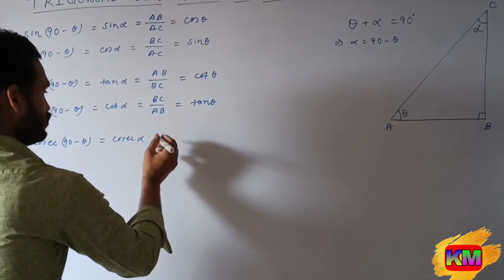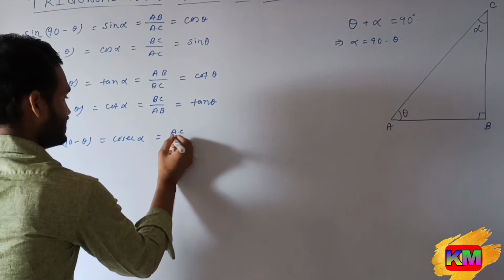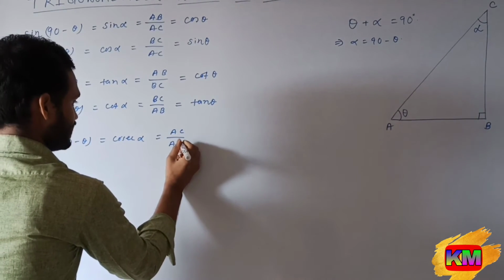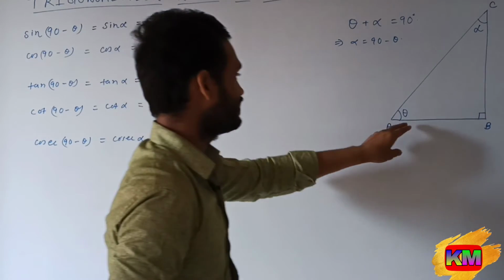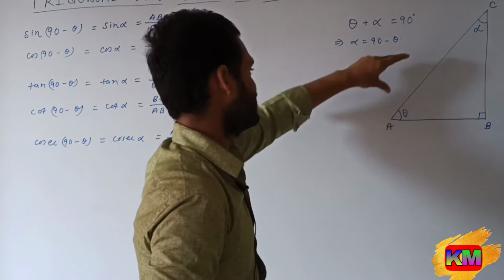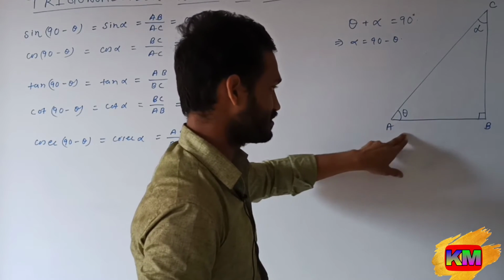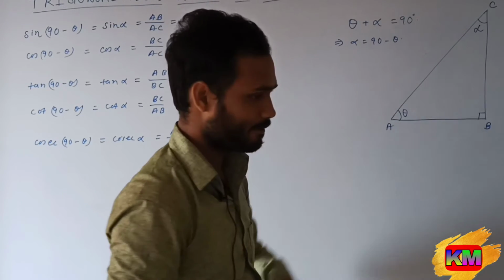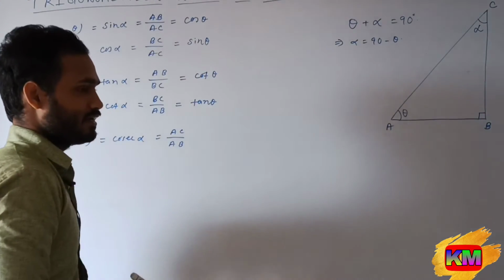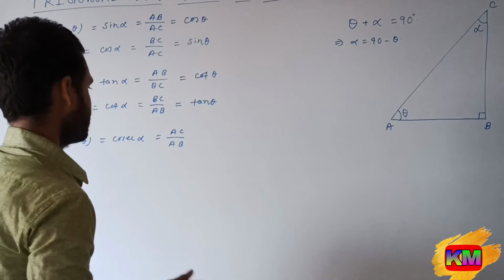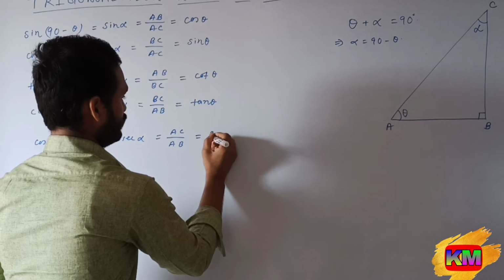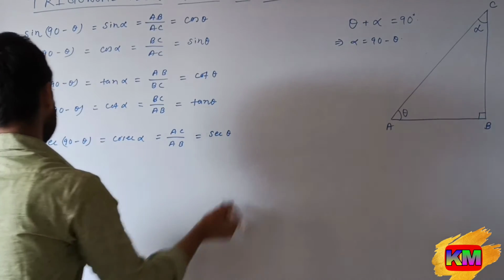So it is equal to AC divided by AB. Now for the angle theta, AC is hypotenuse and AB is base. So it is hypotenuse divided by base. Now we know that hypotenuse divided by base is sec theta. So it is equal to sec theta.